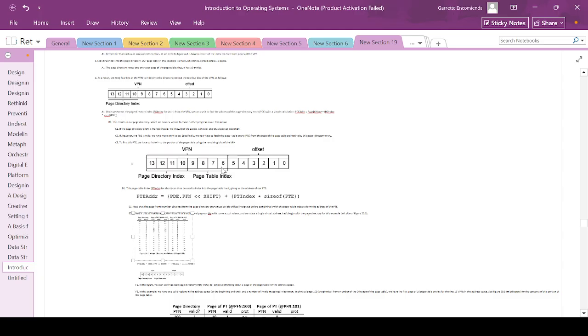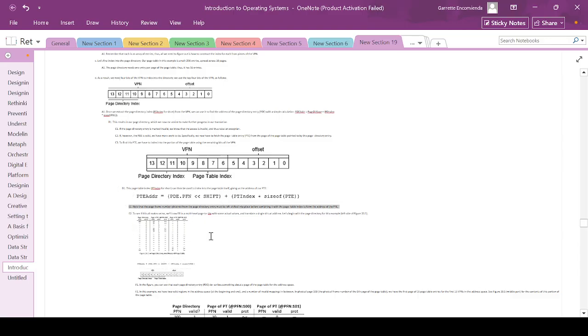So these are indexes, different from the entry. We multiply the index by the entry size to get the actual page table entry address. We got the first page in that page table, near the actual physical frame.